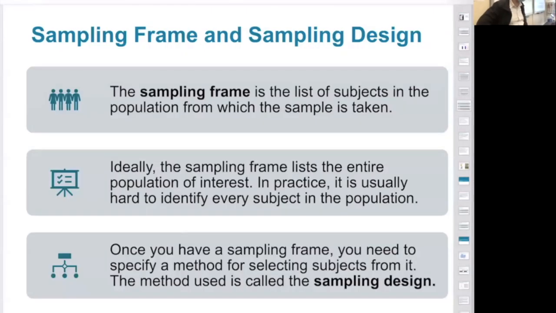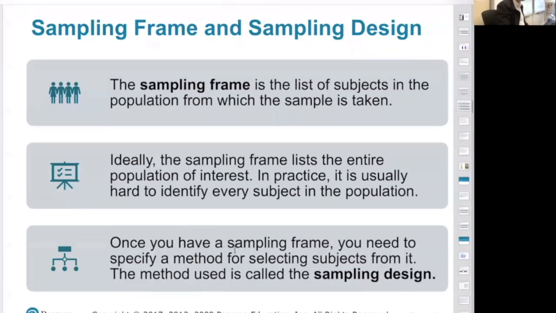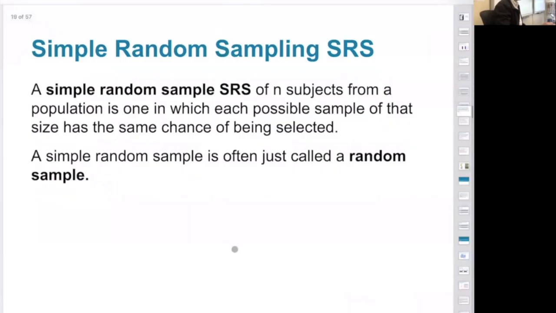Once you have a sampling frame, you need to specify a method for selecting subjects from this population. Why? Because based on the type of the population, you will determine the type of the sampling method, which one of them I can use to select my sample from the population, or the sampling design. The simplest type of sampling is simple random sampling.